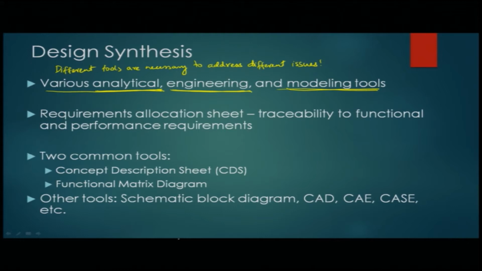Then one of the most important ones that we talked about is the requirement allocation sheet, or what we call RAS. We have already seen that. The need of the RAS is to incorporate traceability to functional and performance requirements.